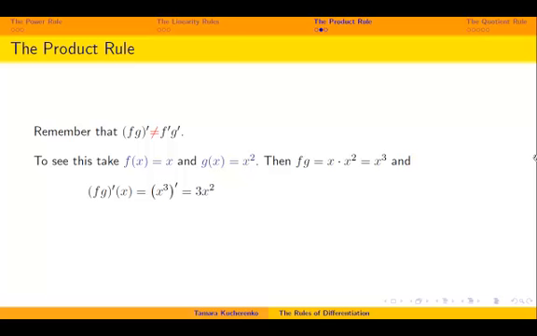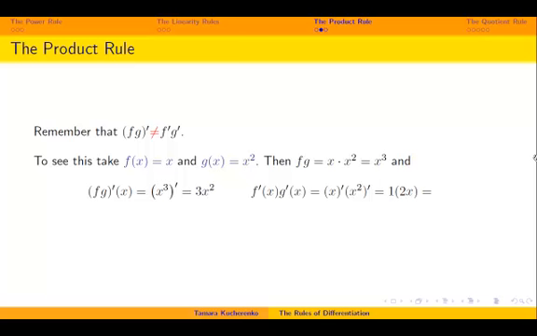On the other hand, if we look at the product of the derivatives, f prime of x times g prime of x, we get x prime times x squared prime. The derivative of x is 1 and the derivative of x squared is 2x.